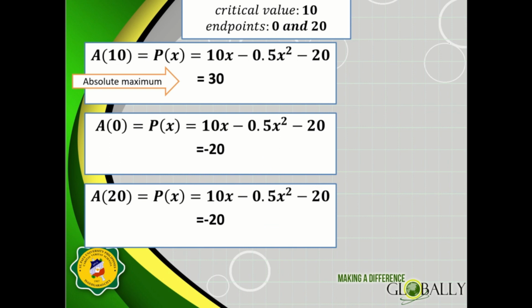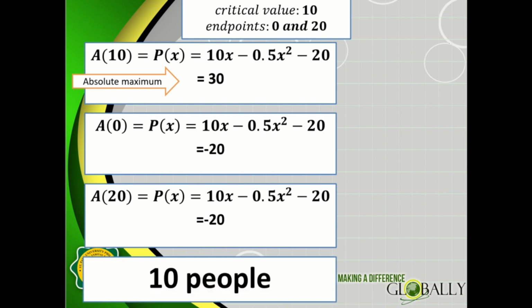But the question is asking how many people should Russell load into the van to maximize his profit. So the answer here would be 10 people because it has the highest absolute maximum. The number of people that he can load into his dad's van is 10 people.